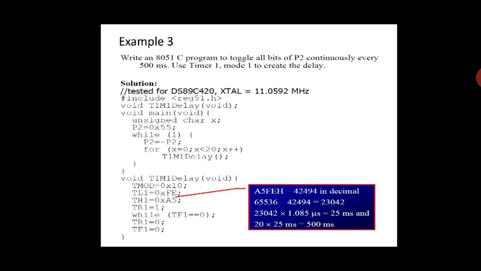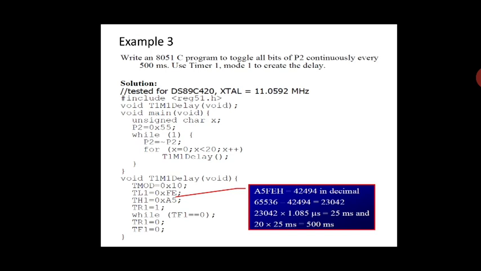Now P2 will be initialized with 0x55, that is 01010101. While 1, that is while true, toggle the bits. All the content of port P2 will be toggled, so it turns to AA. Ones will be turned to 0, and zeros will be turned to 1.